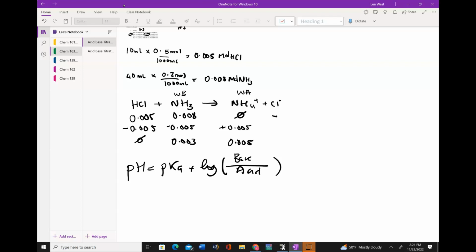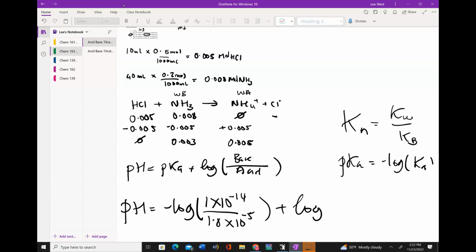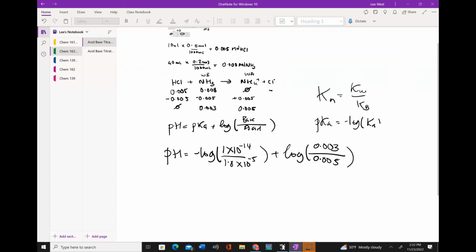So Ka is equal to Kw on Kb, and pKa is the negative log of Ka. So my pH here is going to be the negative log of Kw, 1 by 10 to the minus 14, over my Kb, 1.8 by 10 to the minus 5, plus the log of the moles of base, which is my unreacted ammonia, over the moles of its conjugate acid.